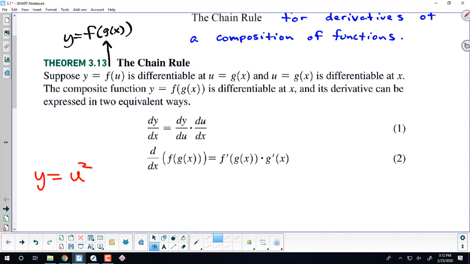So we'll just state that this method involves a substitution where u is equal to the inner function.